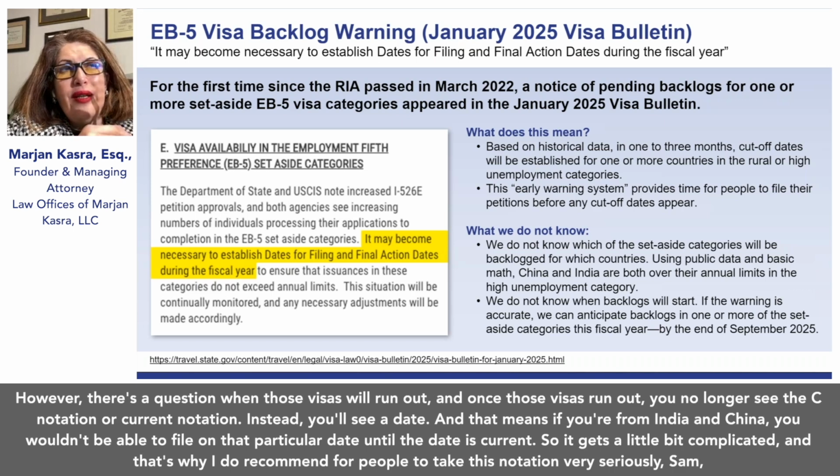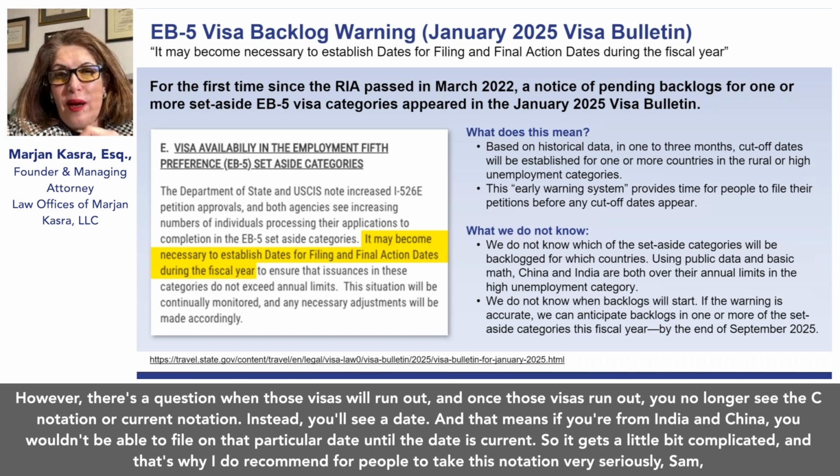However, there's a question when those visas will run out, and once those visas run out, you no longer see the C notation, or current notation. Instead, you'll see a date, and that means if you're from India and China, you wouldn't be able to file until that date is current.